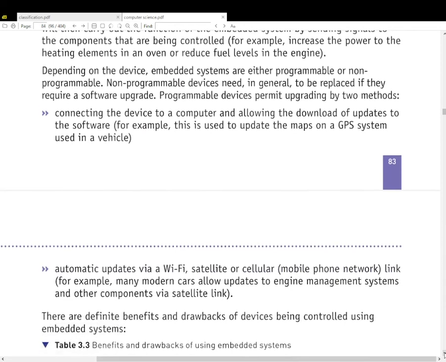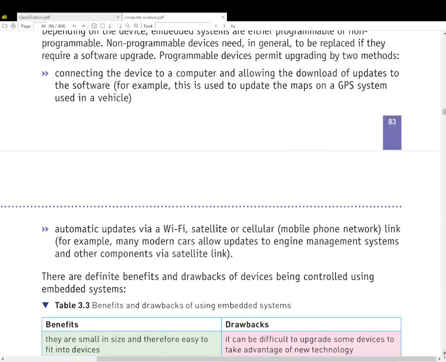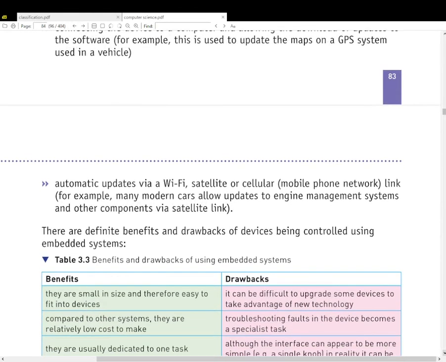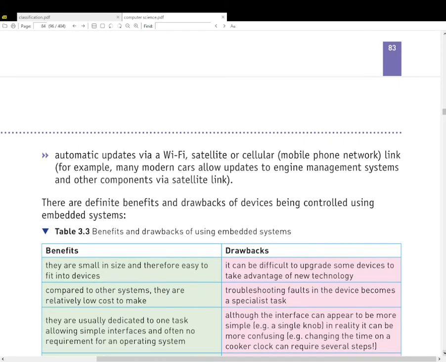Another way is automatic updates through the internet, such as through Wi-Fi, satellite, or cellular mobile data. So those are some of the ways in which programmable embedded systems can be updated and get the latest software and latest modification in their functionality in order to interact and work with the environment accordingly.